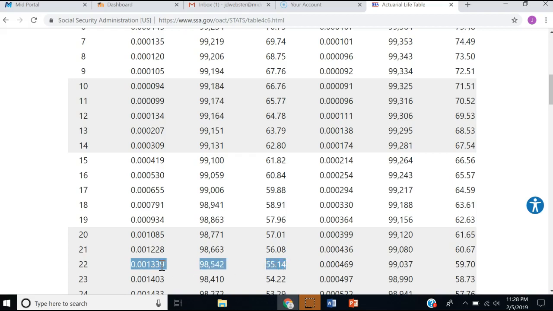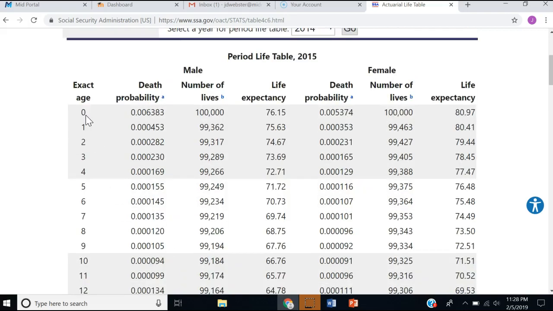Now, this number here is the probability that they die within the year. So, in terms of exact age, people who are just born, males, their chance of dying between birth and year 1 is 0.006383. All right? Notice that's actually a lot higher than the chance that they die between year 1 and year 2.